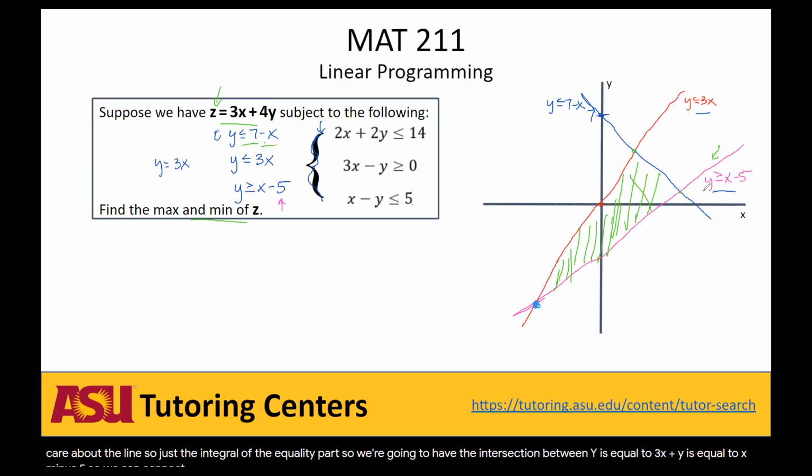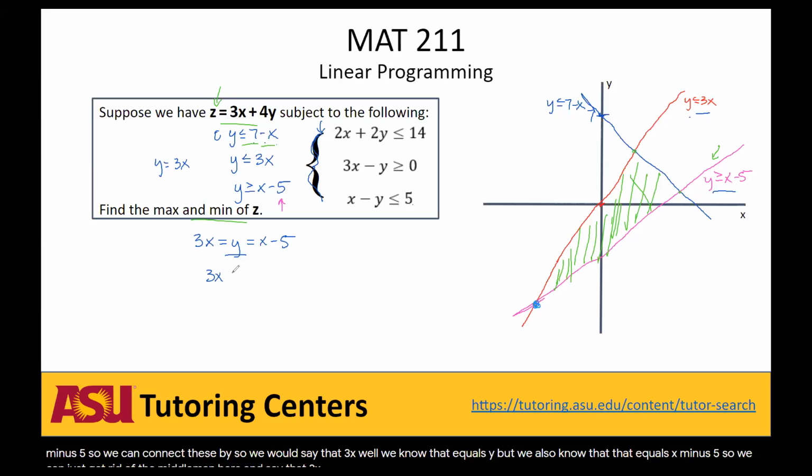So we can connect these by noticing that they each have a y on each side. So we would say that 3x, well, we know that equals y, but we also know that that equals x minus 5. So we can just get rid of the middleman here and say that 3x equals x minus 5.